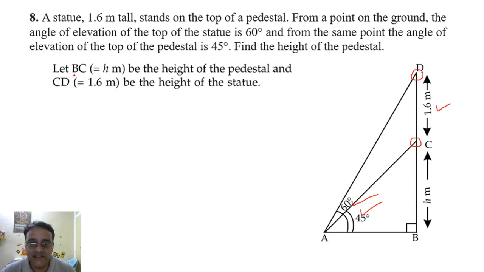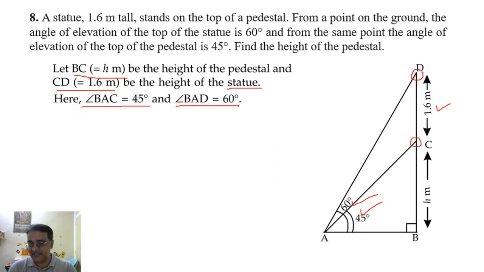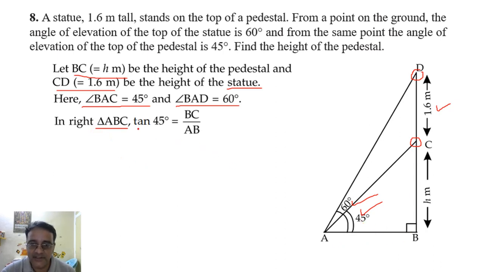So let BC is equals to H meter be the height of the pedestal, and CD is equals to 1.6 meter be the height of the statue, and angle BAC is equals to 45 degree, angle BAD is equals to 60 degree. दोनों ट्रायंगल एक एक करके लेंगे. फर्स्ट हम लोग ABC ट्रायंगल ले रहे हैं. tan 45 degree is equals to BC upon AB. What is tan 45 degree?